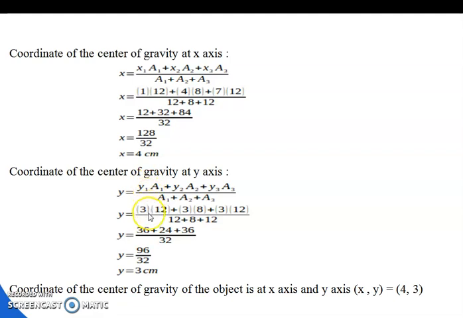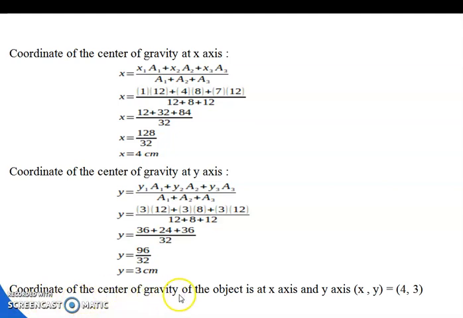So 3 into 12 plus 3 into 8 plus 3 into 12, whole divided by area 1 which is 12, area 2 which is 8 and area 3 which is 12. By calculating all these values, we find the center of gravity along the y-axis is 3 cm.